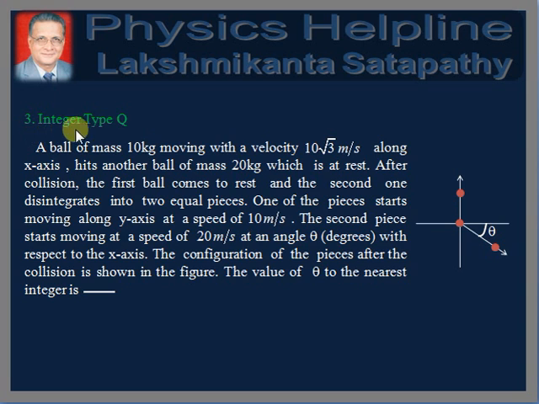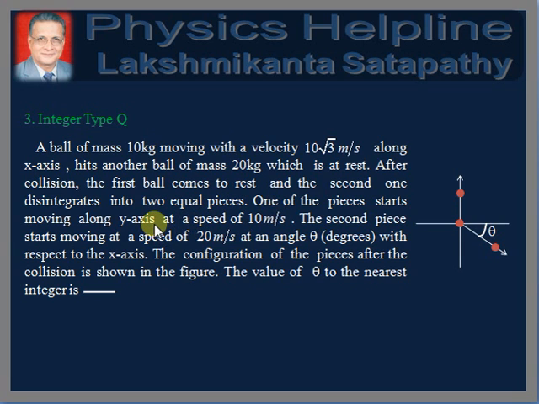Now, for question 3, this is an integer type question. A ball of mass 10 kg moving with velocity 10 root 3 meter per second along x-axis collides with another ball of mass 20 kg which is at rest. After the collision, the first ball comes to rest and the second one disintegrates into two equal pieces.